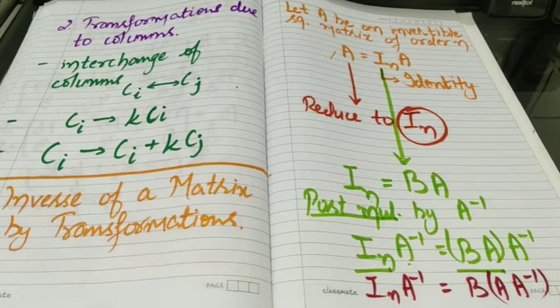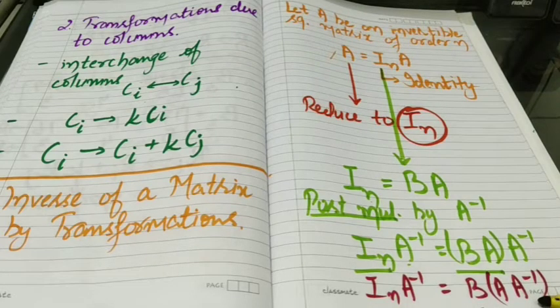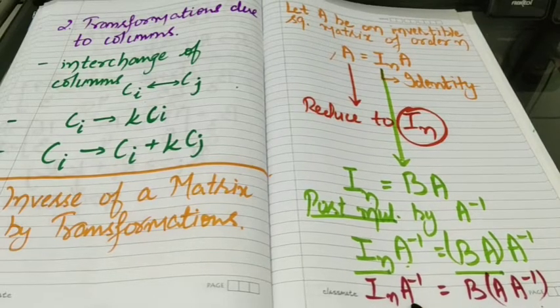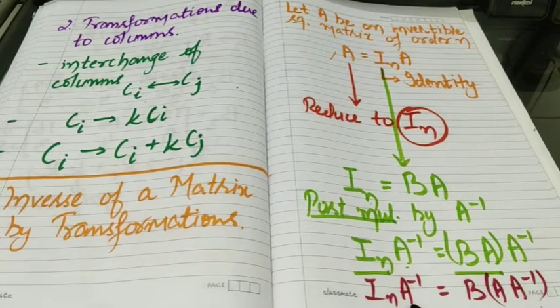Since multiplication of matrices is associative, we can write the right hand side as matrix B multiplied by the product of A into A inverse. And the left hand side, which is I into A inverse, will become A inverse only.